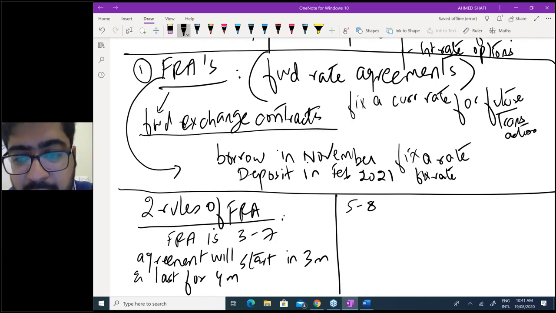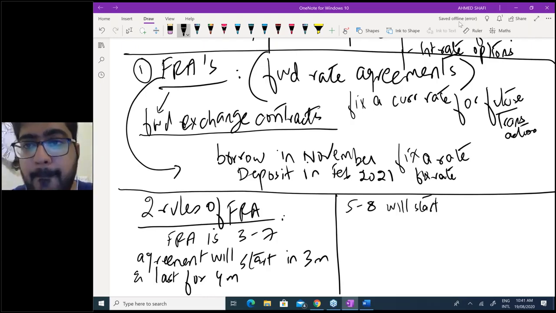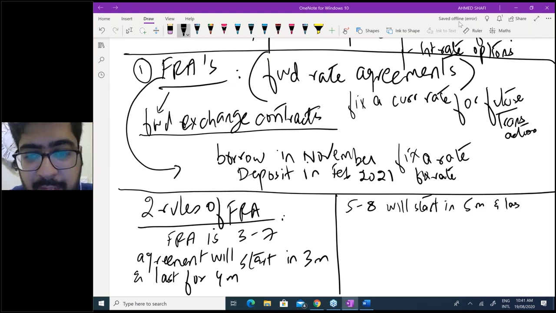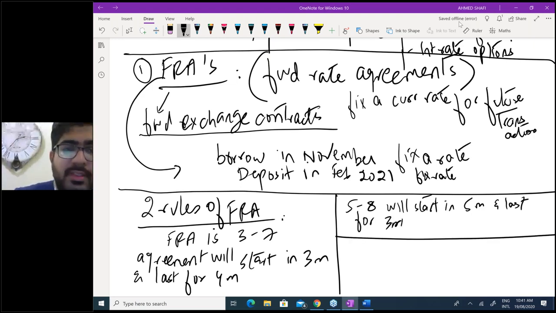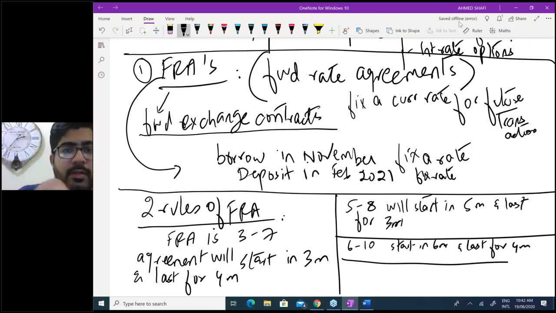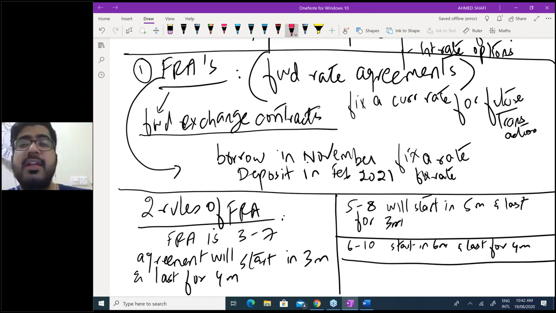This agreement will start in 5 months and last for the gap, 3 months. Okay. If someone says FRA is 6-10, what does this mean? It will start in 6 months and last for the gap, 4 months. Okay, this is rule number 1. That if FRA is 7-9, it will start in 7 months and last for the gap, 2 months.